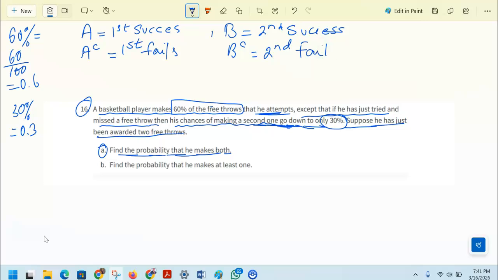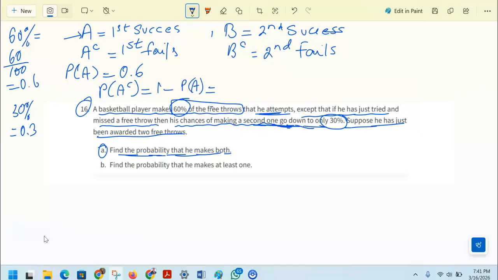Now let's write down the probabilities also. So the probability of A, basically the first success, is 60%, which is 0.6, and the probability he fails, that means the complement, right? By the complement rule, it is 1 minus the probability of A that he makes it.